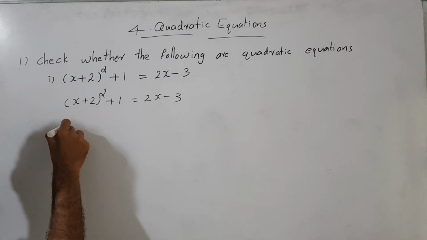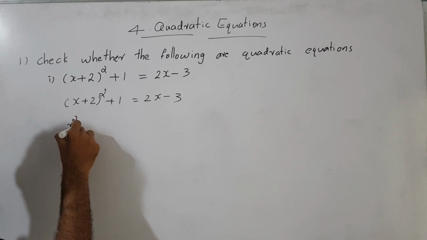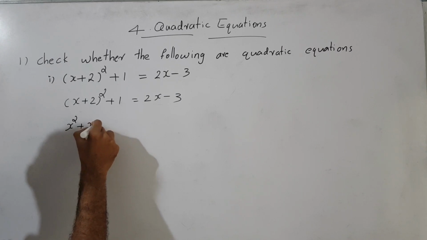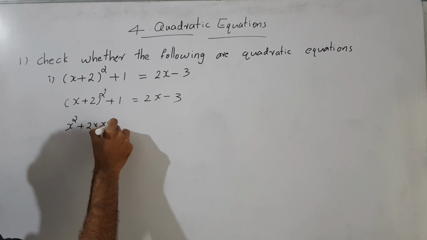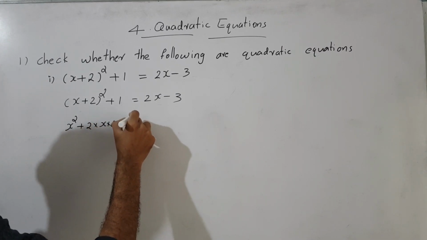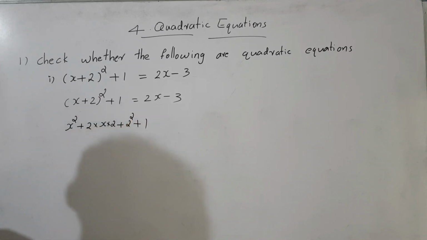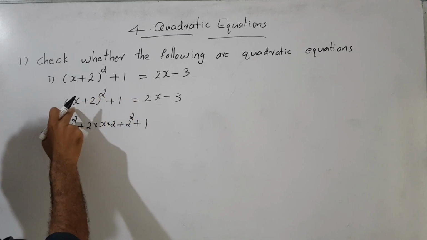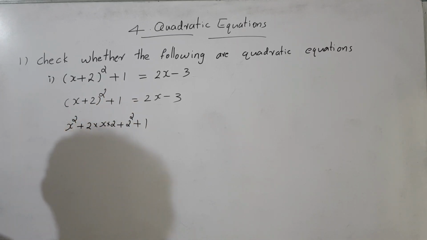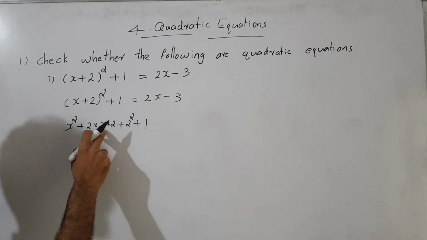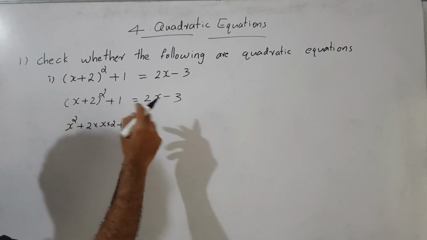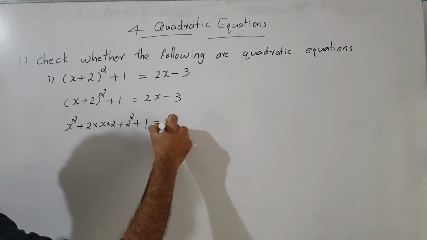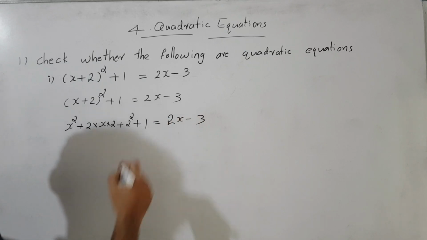That is a square plus 2 into a into b plus b square, plus 1. Here a means x, b means 2. Then a square plus 2ab plus b square plus 1 is equal to 2x minus 3.